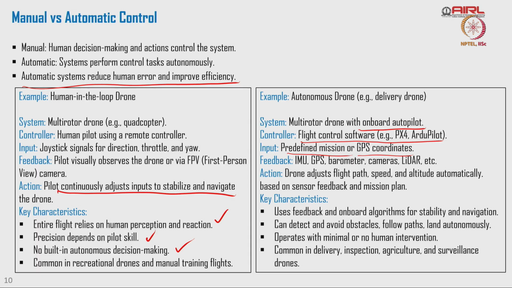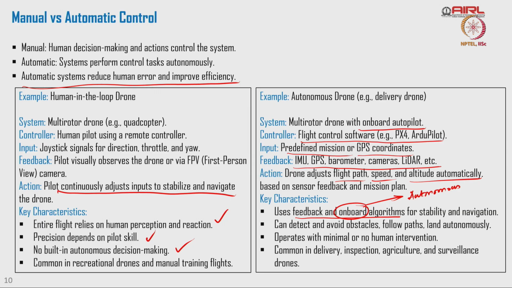Okay. The actions will be, when the autopilot is getting feedback from the sensors, then the autopilot adjusts the flight path, speed and altitude automatically, based on the sensor feedbacks, of course. So, the key characteristics are that it uses feedback and onboard algorithms. Onboard is important because that is what makes things autonomous. Okay.